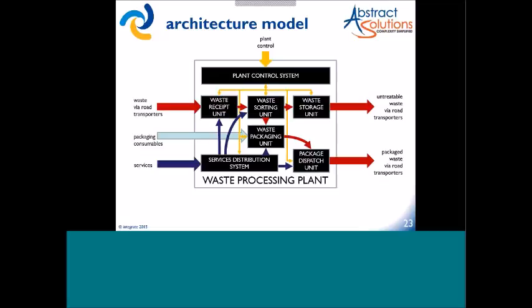And we're going to do our first layer of design, which is to say that plant is going to consist of a number of systems, if you like. We're going to have a waste receipt unit, a waste sorting unit, a waste packaging unit, a dispatch unit, etc. With that top level of architecture come internal interfaces. And each of those subsystems becomes a black box, and there will be a set of requirements describing what each of those black boxes is supposed to do functionally with their inputs and outputs.